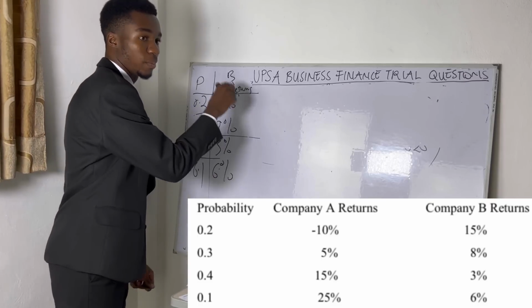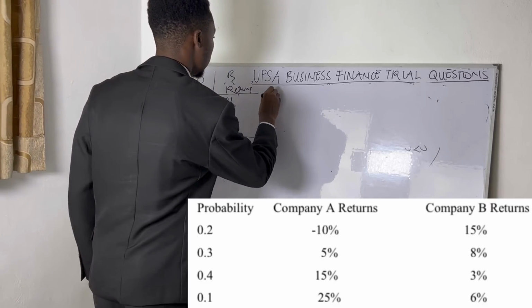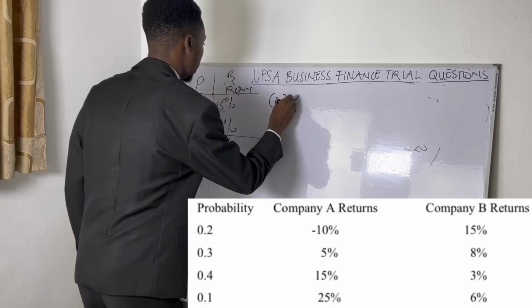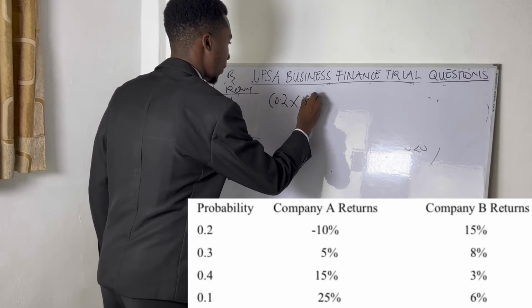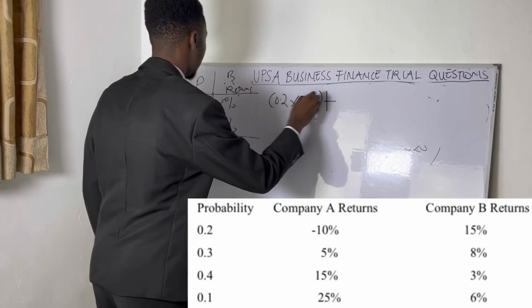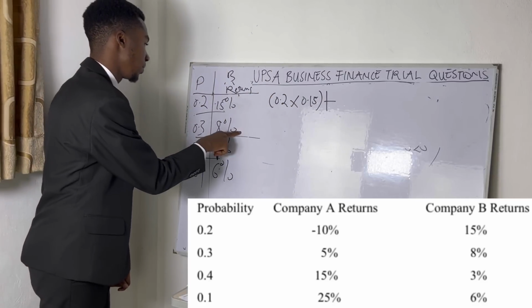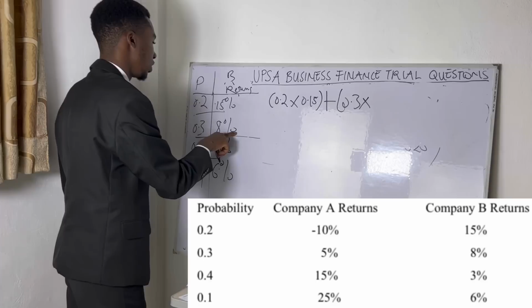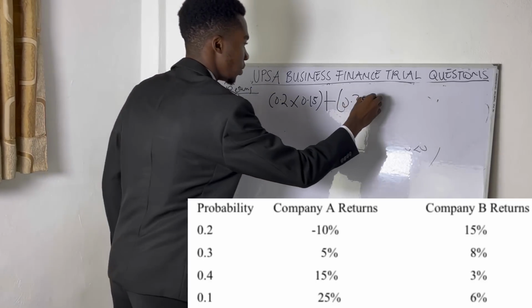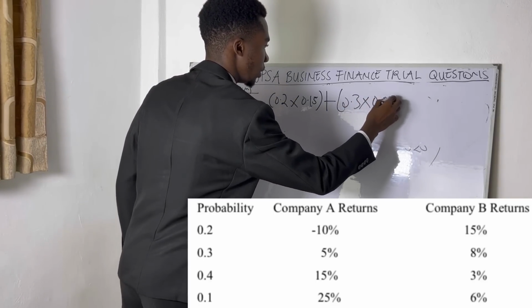So you also change the percentages to decimals. It's going to be 0.2 times 15%, which becomes 0.15. Then plus 0.3 times 8%, so 8 over 100, which is 0.08.